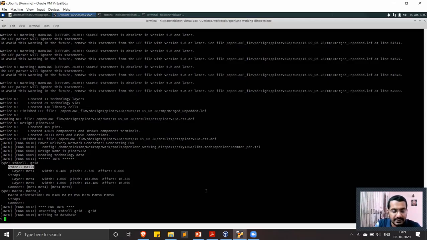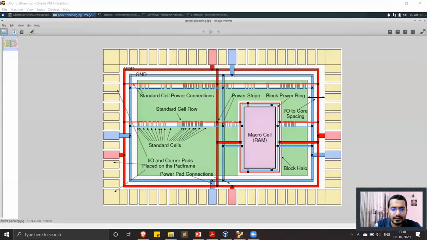So let me see if I have a diagram which explains this, so that it would be easy to visualize. I have this diagram right now in front of me. If you look at this diagram, the green box which you see is, say, your PicoRB, and then the yellow boxes which you see on the top, consider the red and the blue ones also part of yellow.